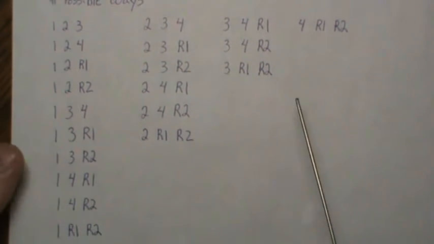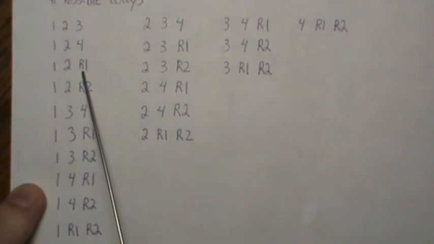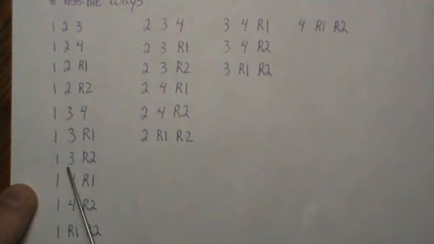Now this seems like an odd sample space, but remember the setting. R1 means take the lowest one and replace it here. So this is really 1, 2, 1. And this one is 1, 2, 2. This would be 1, 3, 1, 1, 3, 3, all the way down. This would be 1, 1, 1.